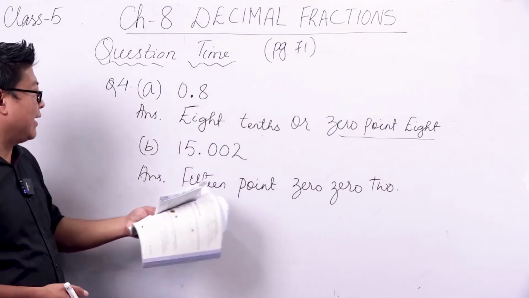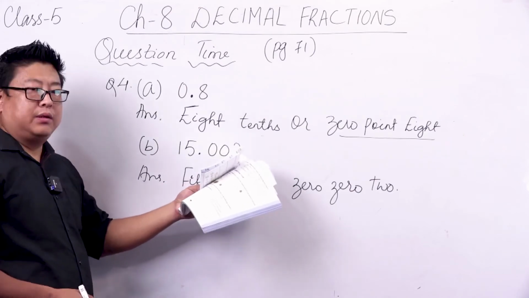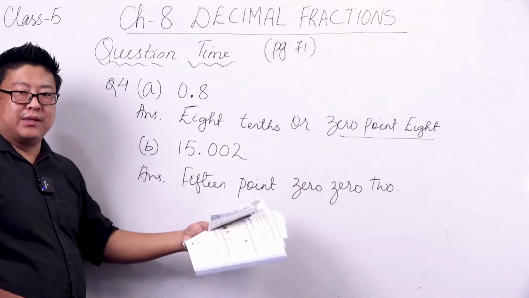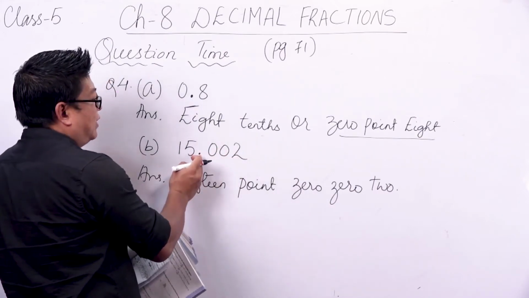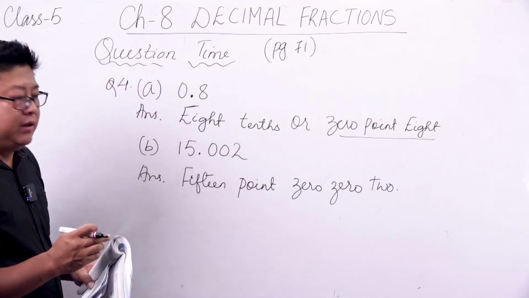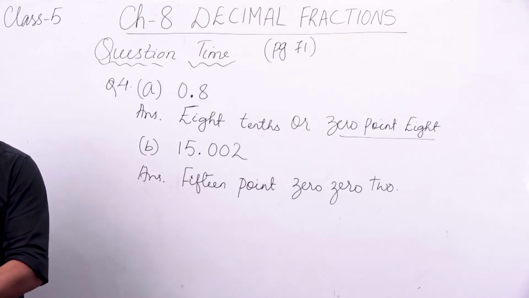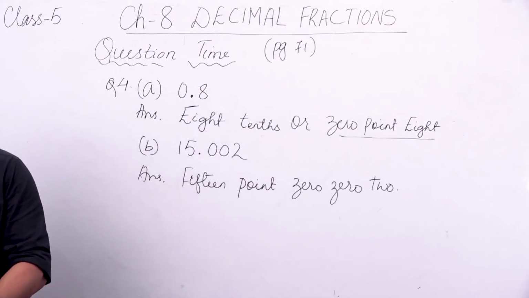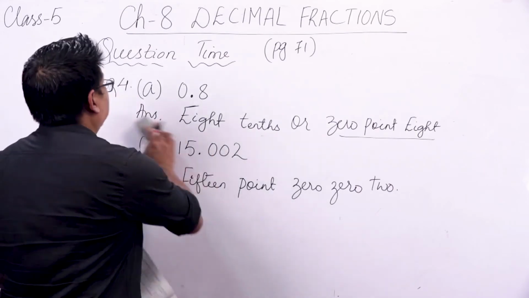So you will write like this, or you can write 15 and 2 thousandths. Okay. You can write thousandths, because there are 1, 2, 3 places after the decimal point. Now, the other questions I will leave for you to try at home. Let's move on to the next question. 5 we will skip. We will move directly to question number 6.